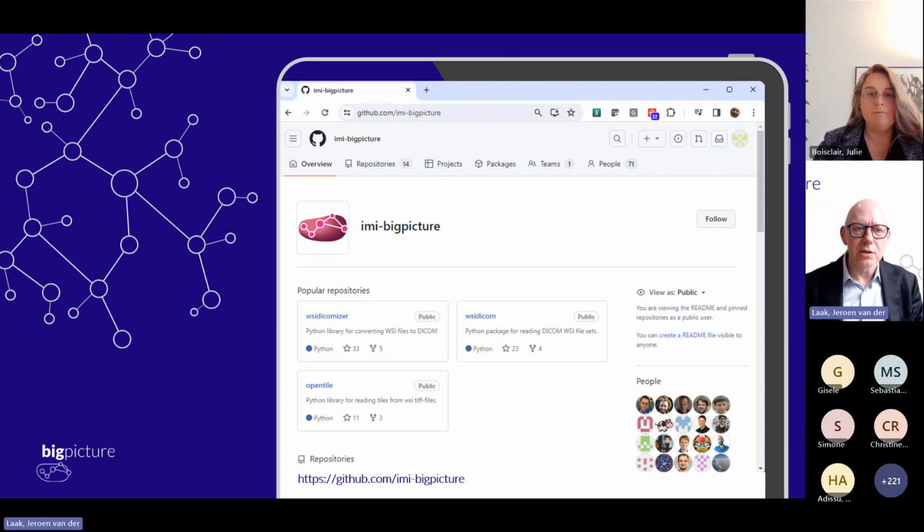Now, DICOM is not that well represented in the pathology field, so we decided to make software to convert, let's say, the whole plethora of image formats that are available in pathology into this DICOM standard. So there is no excuse anymore for people not to be using DICOM.